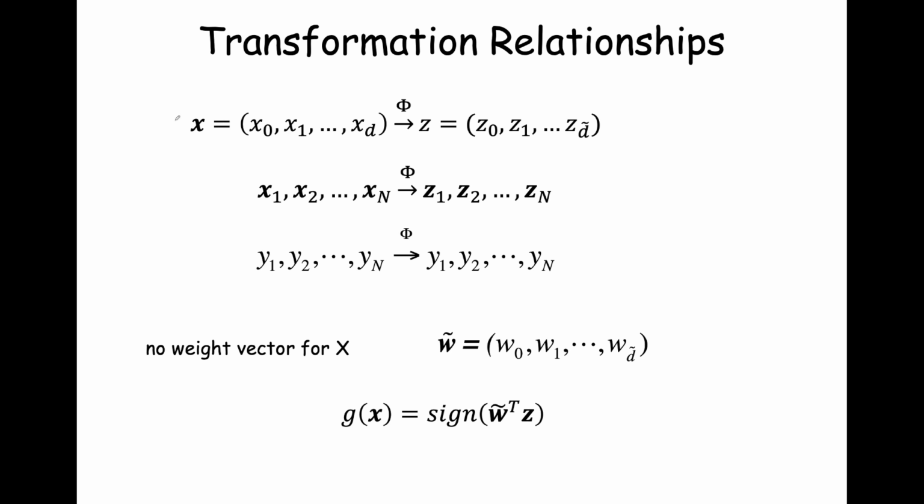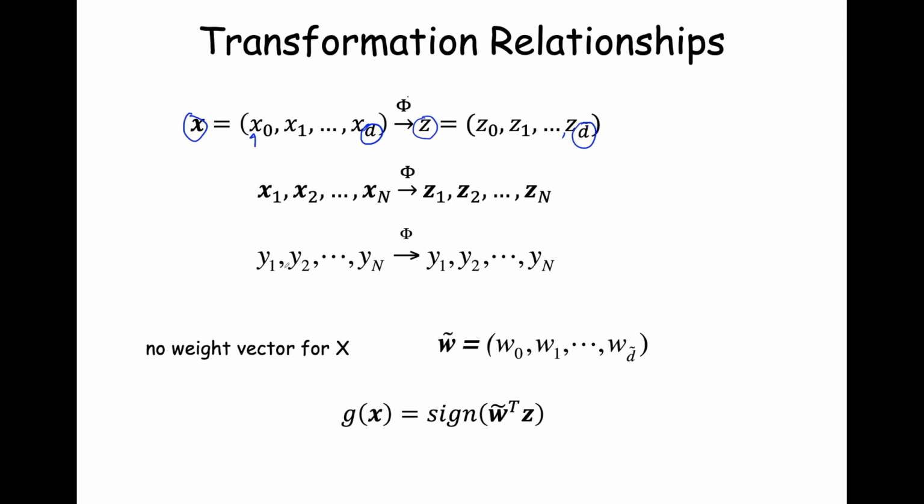We say input vector x through our phi function is mapped to a point z in feature space, in z space, and that z space has dimensionality. And remember, we have the augmented vector z0, z1, up to and including z d tilde. Now, the original dimensionality in input space representation was little d, and the dimensionality in z-space representation we're calling d tilde. Now, d tilde could be smaller than d, that's a contractive mapping. d tilde could be greater than d, that's an expansive mapping.